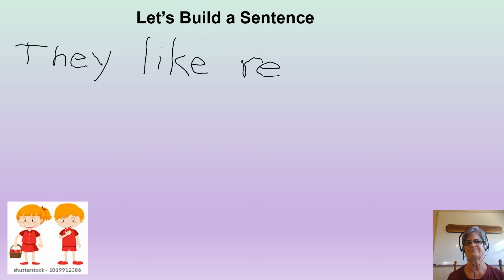Eh. Please write an R and an E, but make sure you've left space between the word like and this. Duh. That's a lowercase d. Lowercase d can be tricky. I go down, up, and around, and the d faces the e. Red. Please make sure you have written the word red. R-E-D. Red.